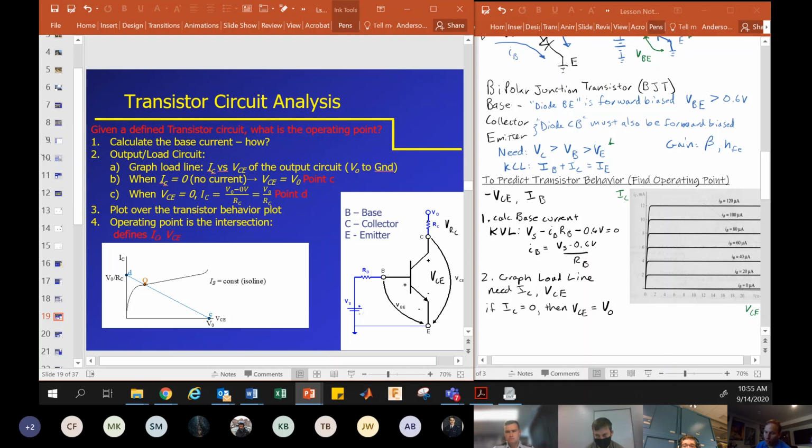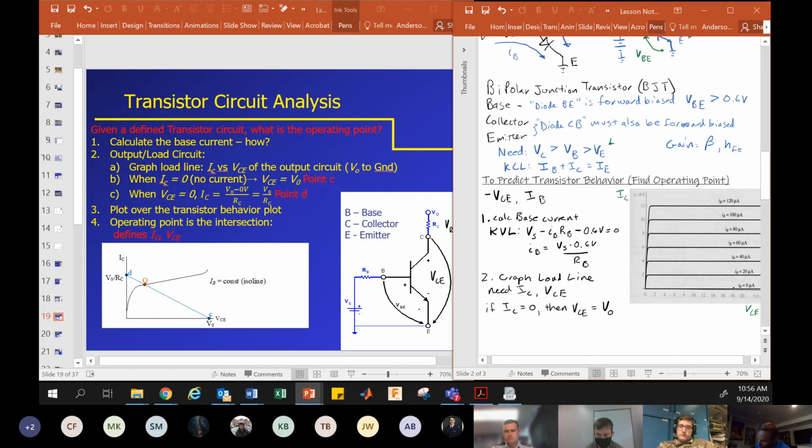Okay, and that's because no current is flowing. A resistor doesn't draw any voltage if there's no current flowing through it. Okay, so that gives us our first point on this line. So that's going to be something like a point right here. That's where the collector current is 0, and the VCE has to be whatever we've set it up in the circuit, V0.